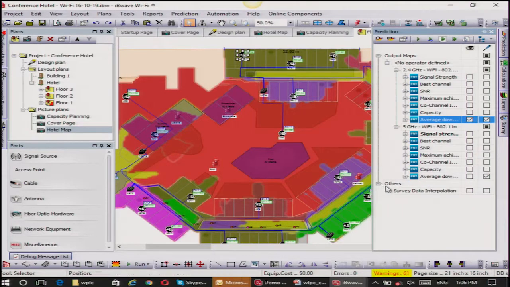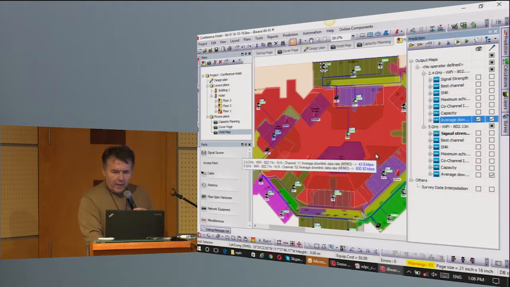So those are the things that would be of interest: co-channel interference, capacity calculation, where you can see your airtime utilization, average data rate, average throughput per client, basically.